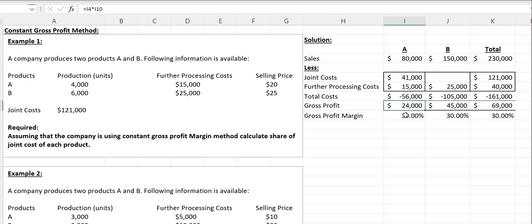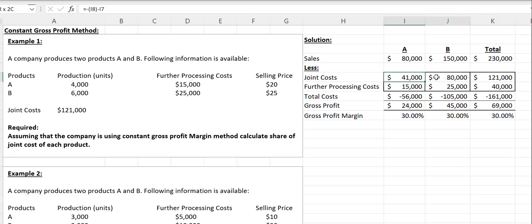That's how we calculate the share of joint cost using the constant gross profit method. In a similar way, this is going to be calculated. So it's 80,000. So now if we add these two, 80 and 41, it will give you the total joint cost, 121,000.